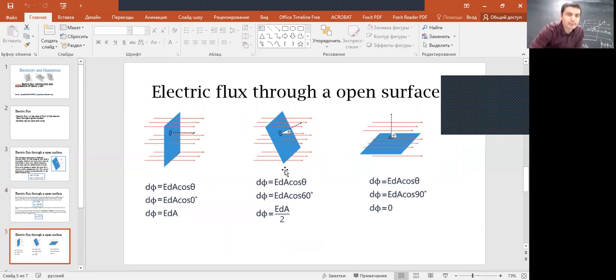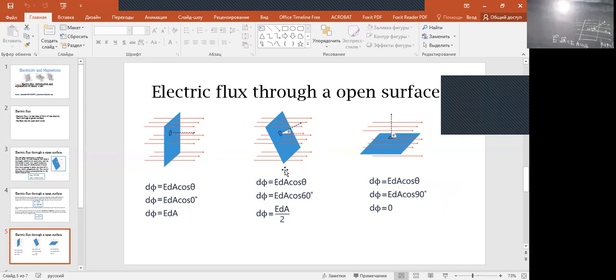So to better understand the electric flux, we have three pictures here. First one, the angle is 0 here, right? It means that here is the maximum flux.